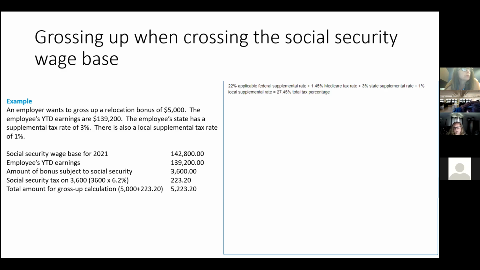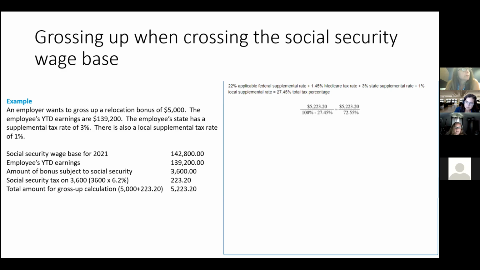You'll notice that there is no Social Security in that list anymore. The reason is because we just did the calculation on the part of the payment that was subject to Social Security, because not all of the payment is subject to Social Security. So we're not putting that into our equation anymore.